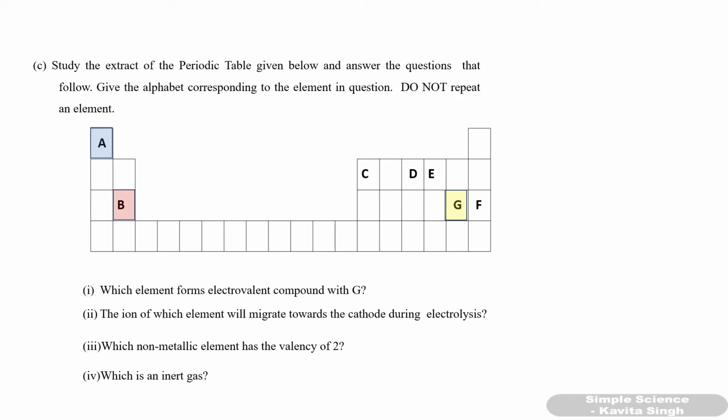Third one, which non-metallic element has valency of 2? G will have valency 1. F and the others are inert gases, so 0 valency. E will have valency 2. So E is the correct answer for the third one. Fourth one, which is an inert gas? Inert gas is F. So this is the answer for all the 4 questions, 1 mark each.